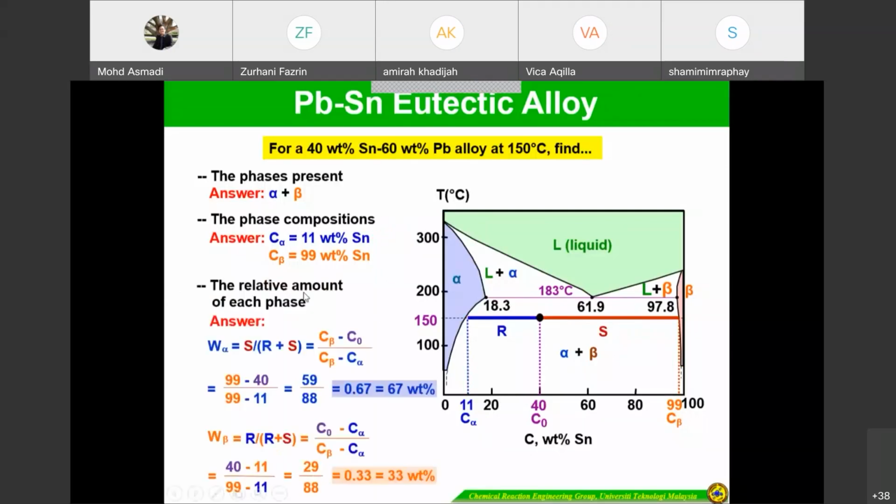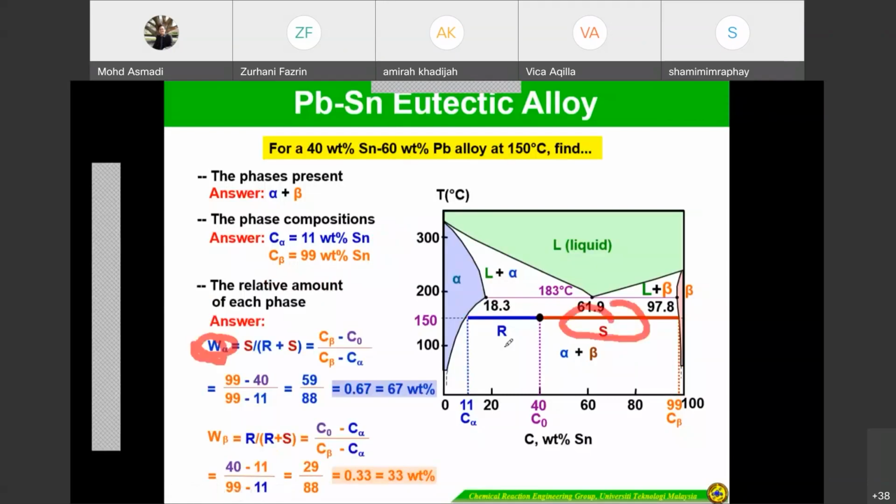W alpha is S divided by R plus S, meaning C naught minus C alpha divided by C beta minus C alpha.